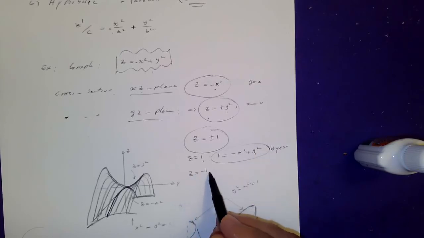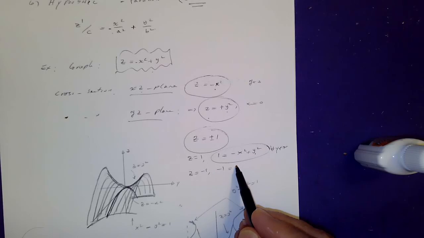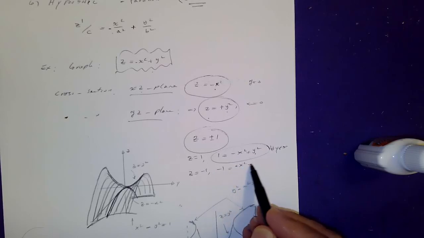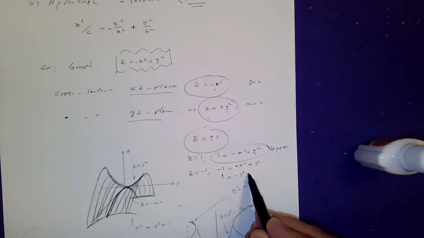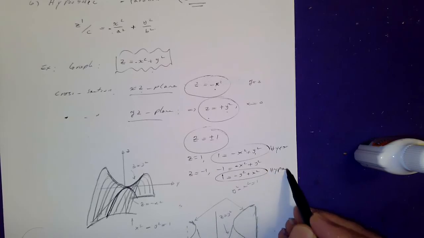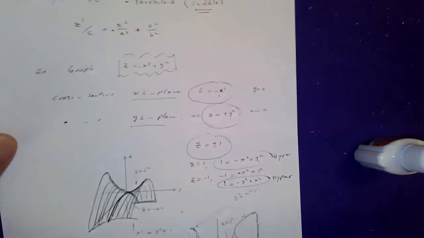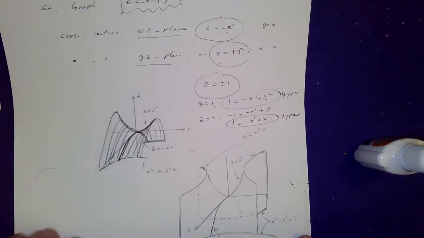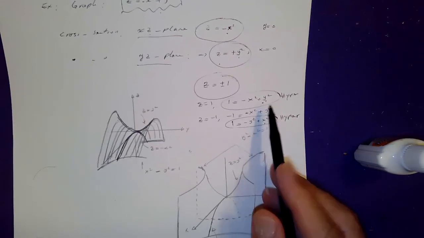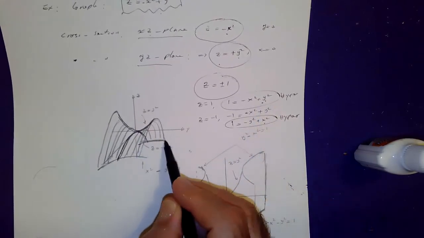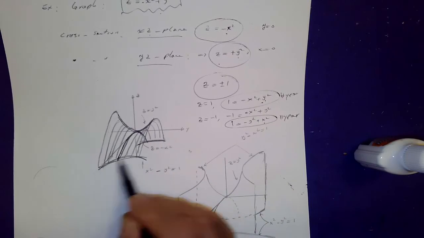At z equals negative 1, you get negative 1 equals negative x squared plus y squared. If you multiply both sides by negative 1, you get 1 equals x squared minus y squared, which is also a hyperbola, and the branches open along the x-axis. Here the branches open along the y-axis. Anyways, pretend those are the hyperbolas.